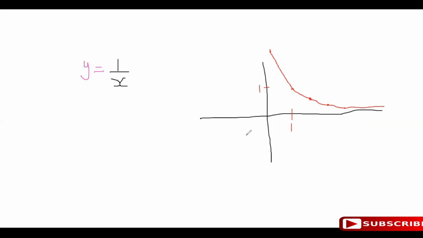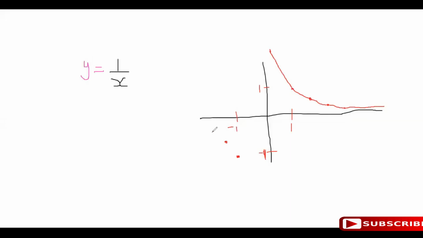All right, now let's look over this side. When x is minus 1, we get y is minus 1. So we can put minus 1 somewhere right here. When x is minus 2, y is minus a half, which could be somewhere right here.